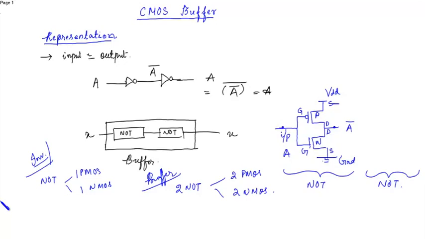Before going to the schematic, we have to know the truth table. It is very simple. Suppose this is a buffer circuit.